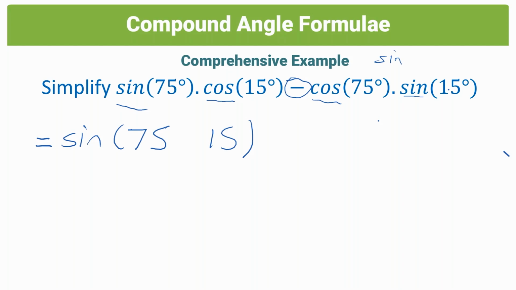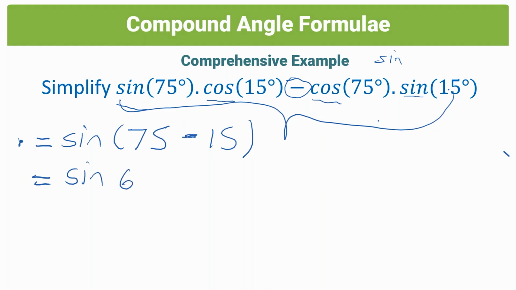So that minus here becomes a minus here. And all this here is equal just to this here by just recognizing your pattern. So you finally make this sine 60 degrees, which is root 3 over 2.